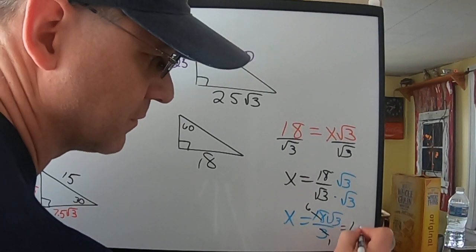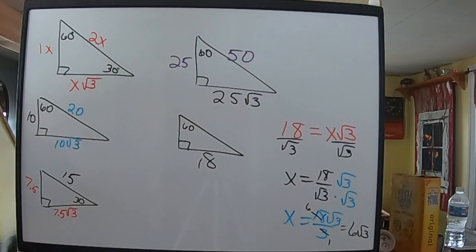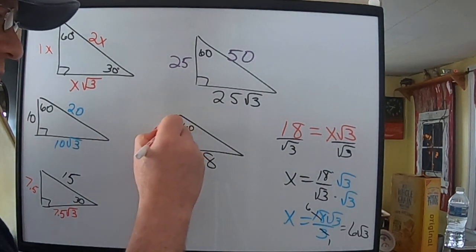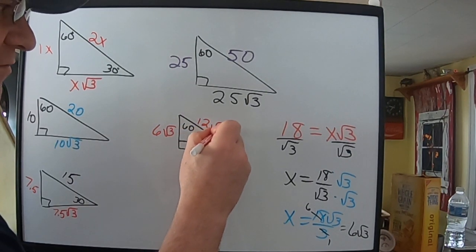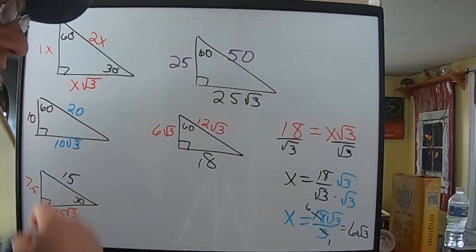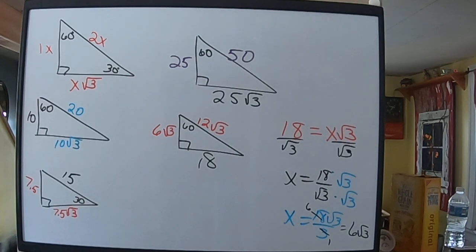So 6 square root of 3. So my answer here, x is 6 square root of 3. And twice that would be 12 square root of 3, because you're not doubling the 3, just the 6 out front. And that's how you do 30, 60, 90 special right triangles.